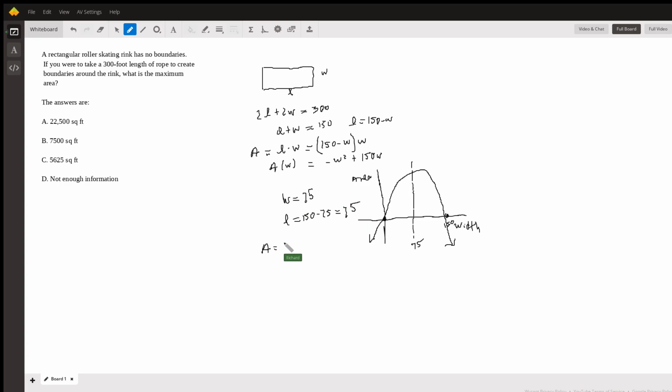The area is just going to be 75 times 75, which on my calculator gives me 5625. This would be square feet, because this is 75 feet and this is 75 feet. So feet squared is the unit of the area. And so this is our answer right here.